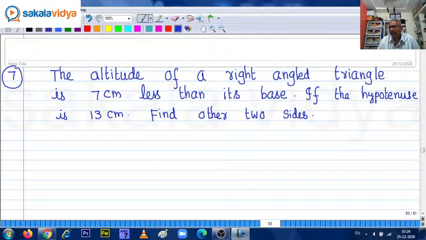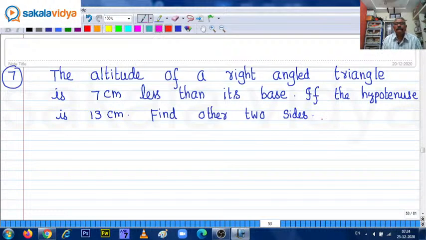Definitely you will get the problem. So that strategy needs to be followed. So now it's a right angle triangle, so we need to draw a right angle triangle. In that we need to mention what is given. Actually altitude and base are the unknowns, and the hypotenuse is given as 13 centimeters. So the other two sides, altitude and base, need to be evaluated.